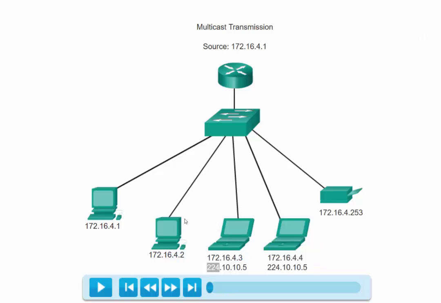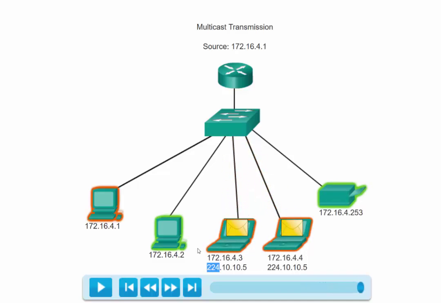If a source wants to send to this multicast group, it forwards the packet, and it will go to these two hosts that belong to this multicast group. They are called multicast clients.